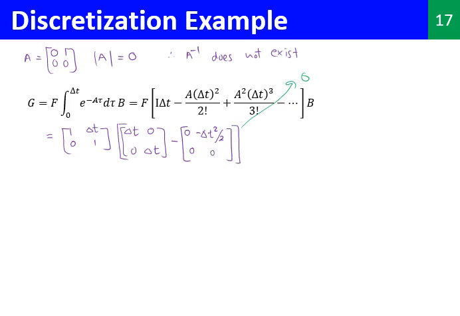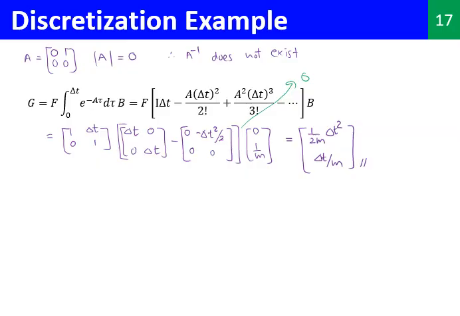Okay, and the B matrix was 0 and 1 over m. Now when we multiply these three matrices, we will finally get 1 over 2m delta t squared and delta t over m. Okay, so you can verify that.